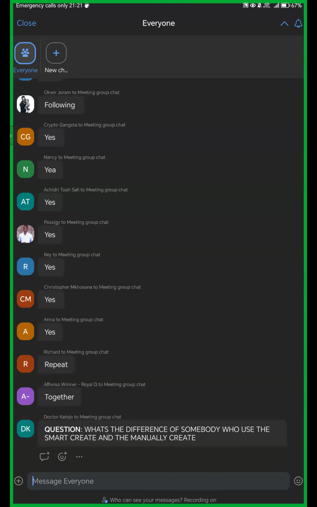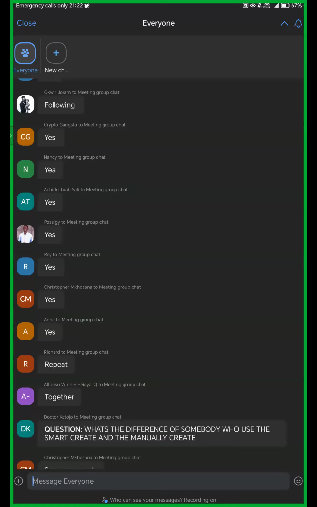What's the difference between somebody who used the smart create and the manual create? The smart create means you are going to take the default settings that are given to you by Royal Q. That is a smart create. When you are doing manual create, you want to give your own instructions. Is that okay, Dr. Katojo? The smart create is what is given to you by the Royal Q robot.